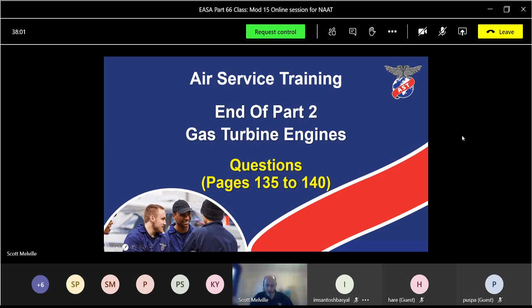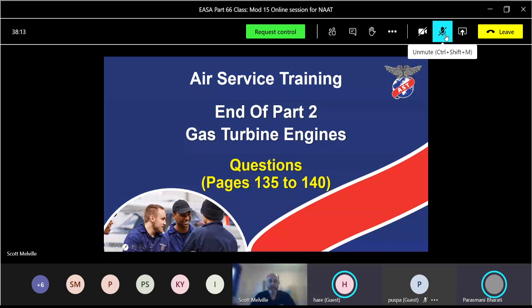What's the purpose of a fuel flow meter? To indicate in the flight cockpit. Yeah, we get an indication of how much fuel we're using. We calculate how much we've got. Have we got enough fuel to get where we're going?